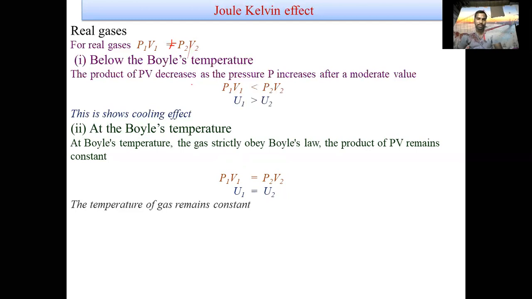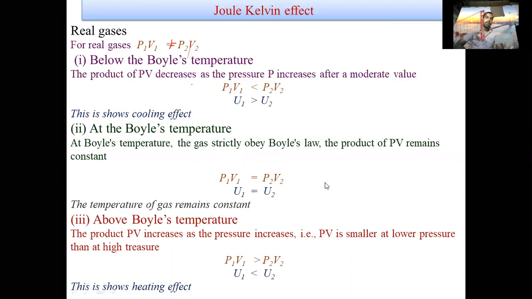Now another one. Below Boyle's temperature, the product of PV decreases as the pressure increases. Above Boyle's temperature, the product PV increases as the pressure increases.